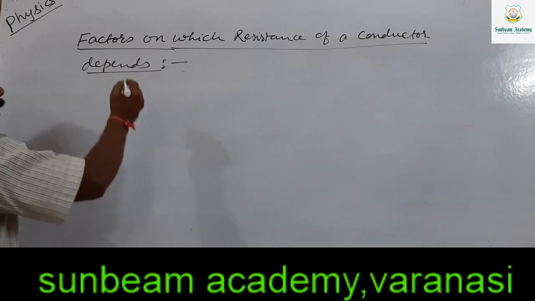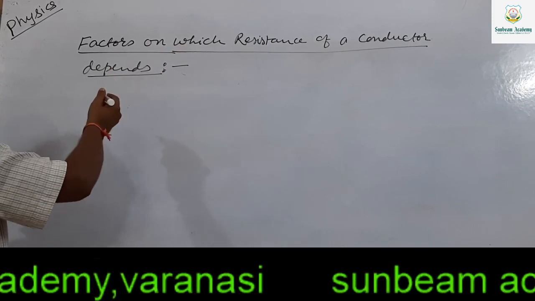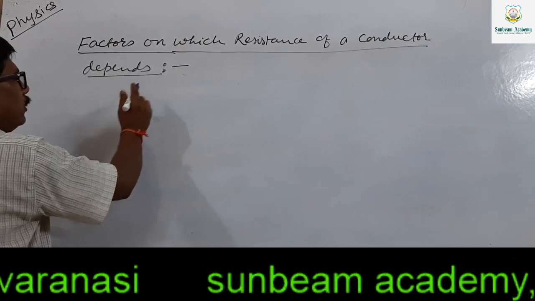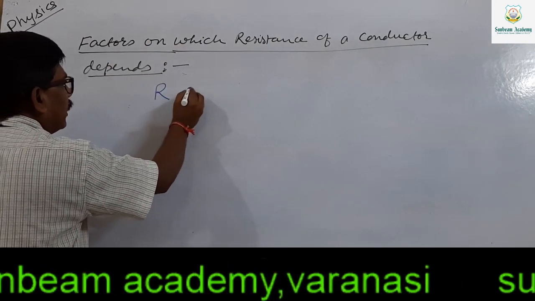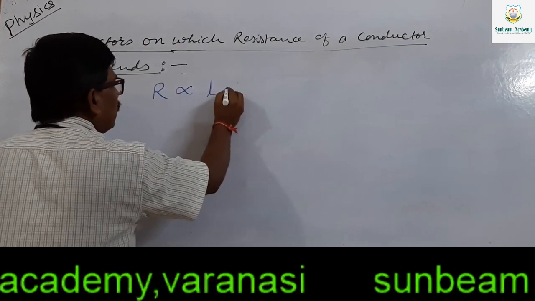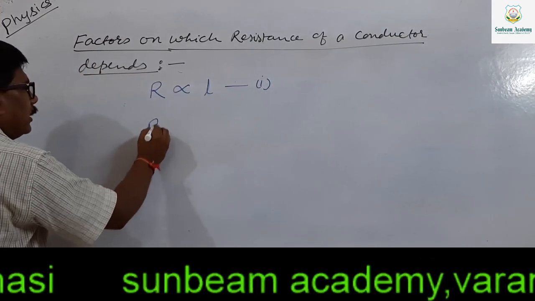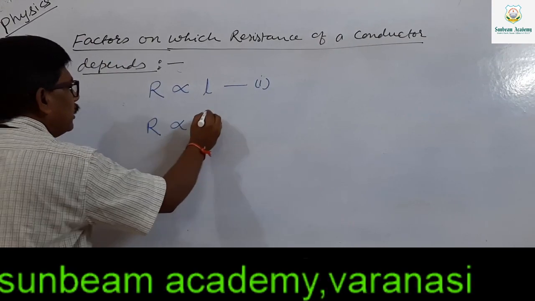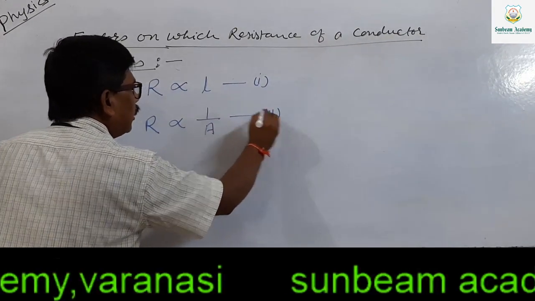Now see, as per the factors on which the resistance of the conductor depends, you have seen it. The first factor, that resistance of the conductor is directly proportional to its length. First equation. Second, the resistance of the conductor is inversely proportional to the area of cross section.